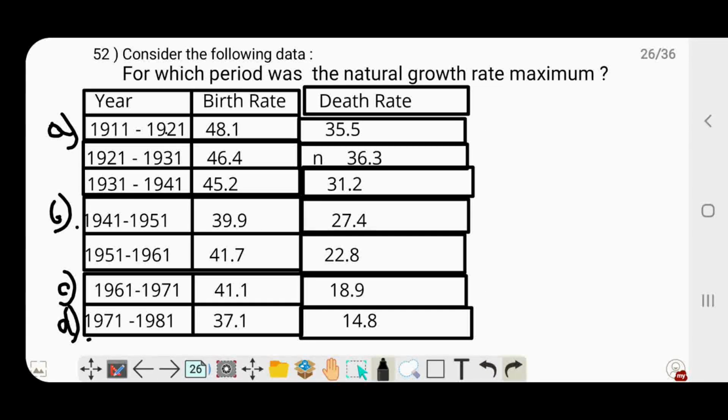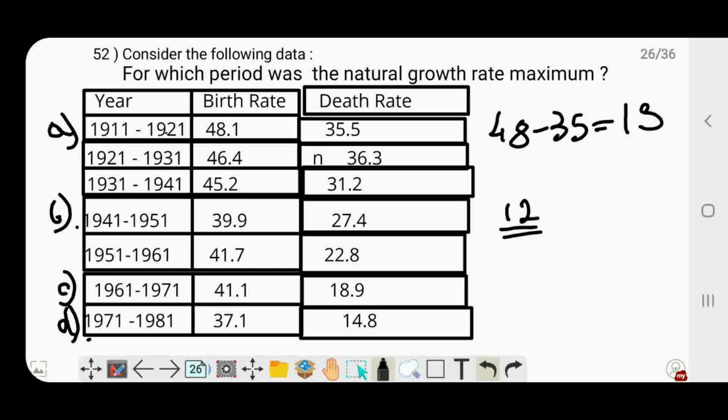So before we get into the precision, let's overall see what is the birth rate minus death rate. Instead of calculating 48.1 minus 35.5 in option A, we will just calculate 48 minus 35. Okay, 48 minus 35 will give us 13. Option B, we have 39 minus 27, which is 12.